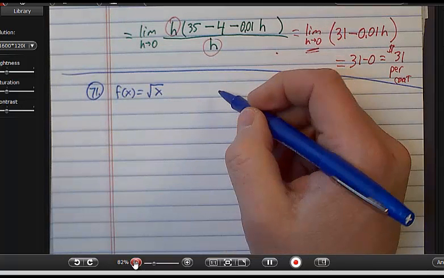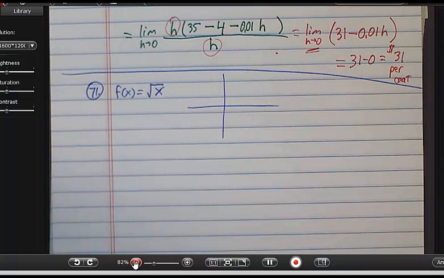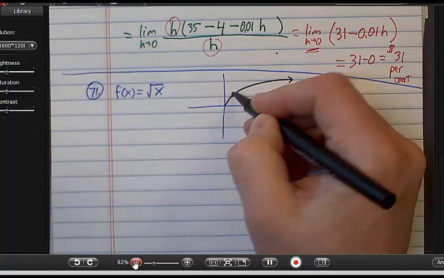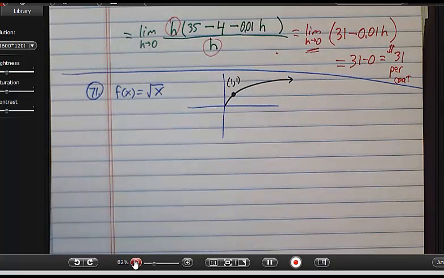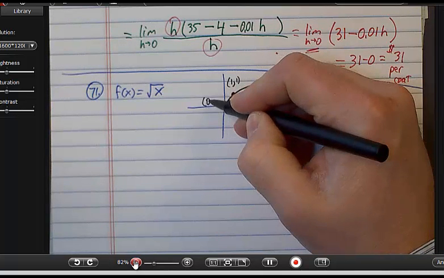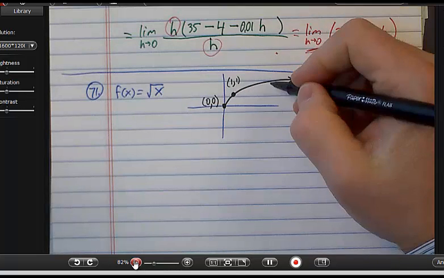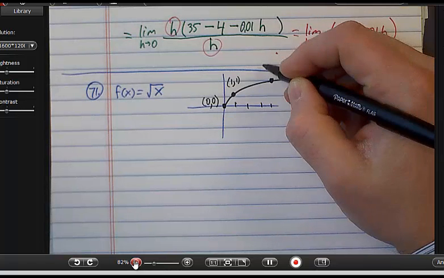And my picture, you guys, looks like this. It goes through the point 1, 1. Oh, can you give me another point that it goes through? Well, 0, 0. The square root of 0 is 0. Do you guys know any other perfect squares? Okay, 4. So if I were to graph that, here is the point 4, 2.